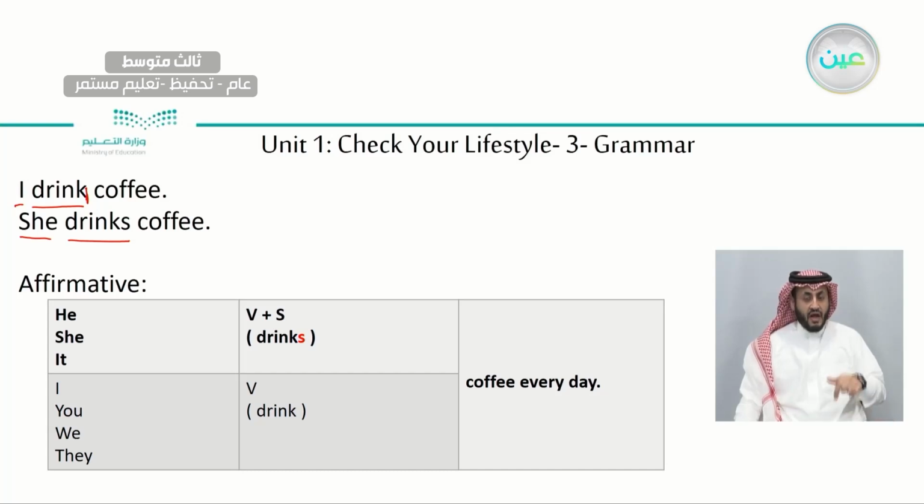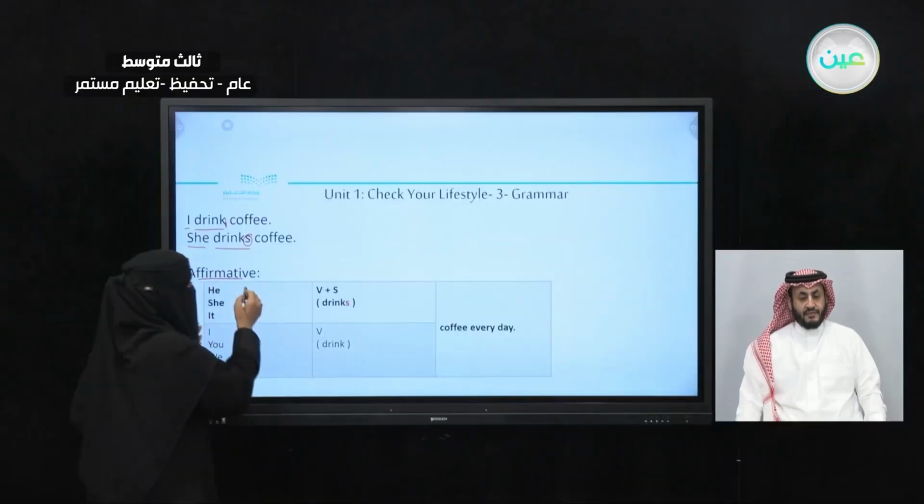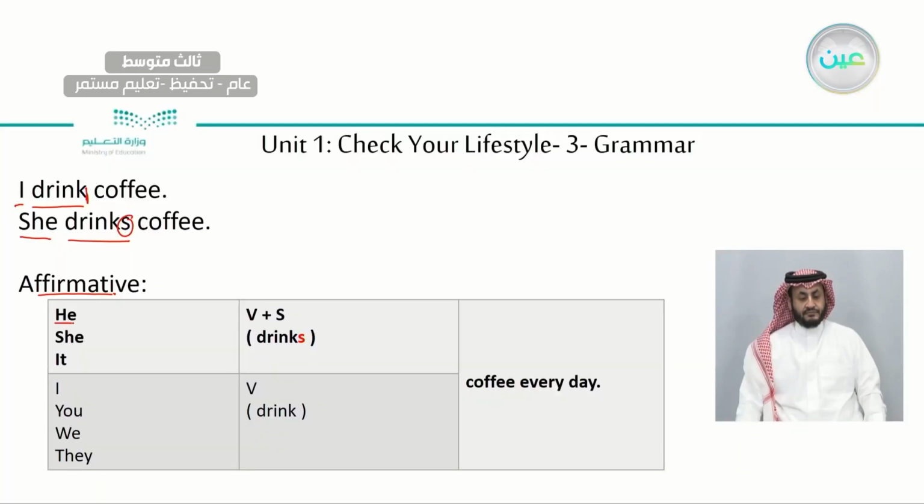I drink coffee, she drinks coffee. Why did we add the S here? Because with affirmative sentences, that means regular sentences with no negatives, no questions, with he, she, it, we always use the verb plus S. For example, he drinks coffee every day, or she drinks coffee every day.